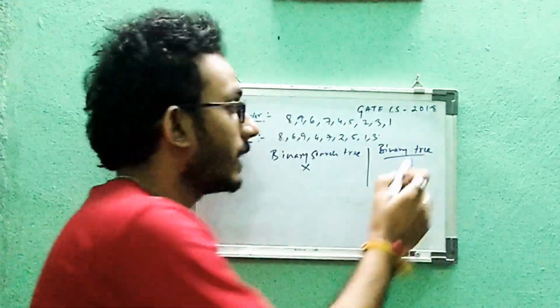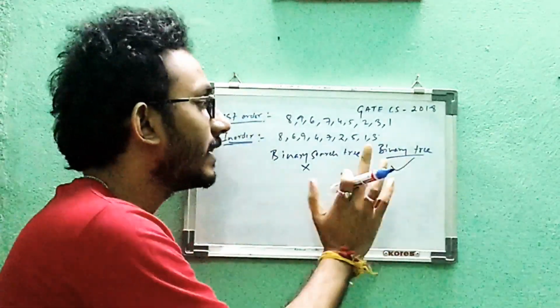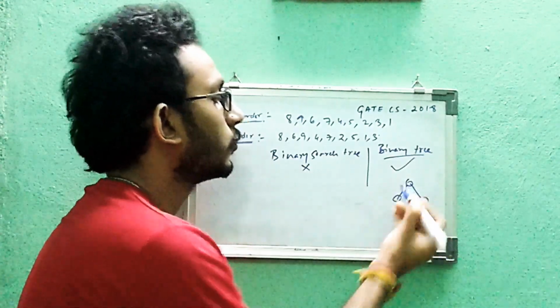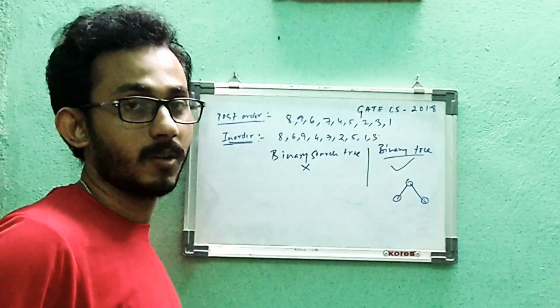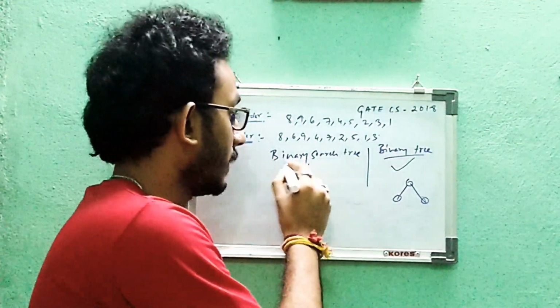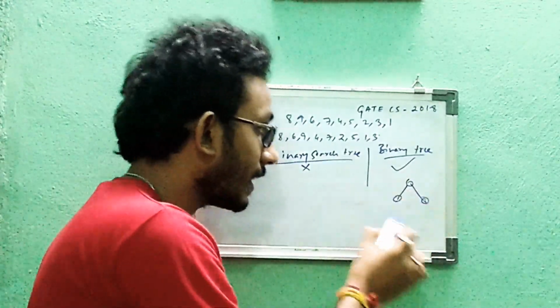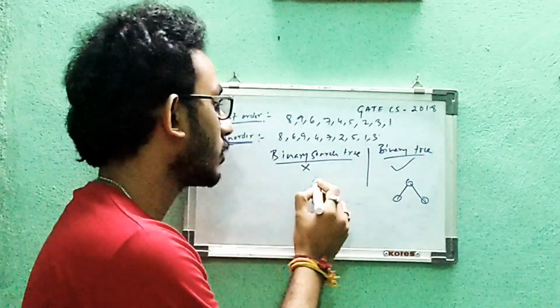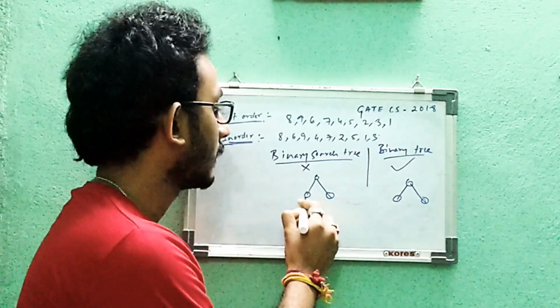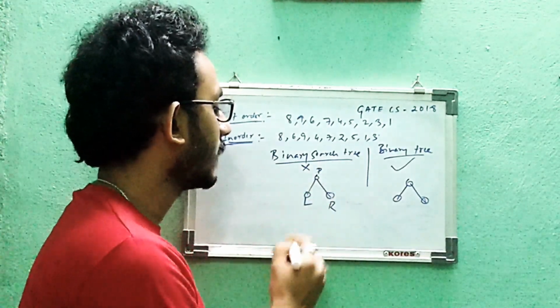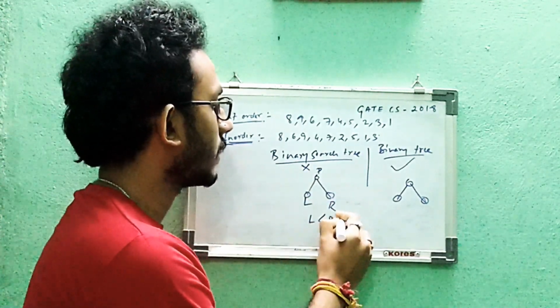In a binary tree, it can be of any order, because a binary tree only tells that the parent will have a maximum of two nodes. But a binary search tree also follows this binary tree tradition, and along with that, if this is the parent, this is left, and this is right, then left should be less than parent and parent should be less than right.